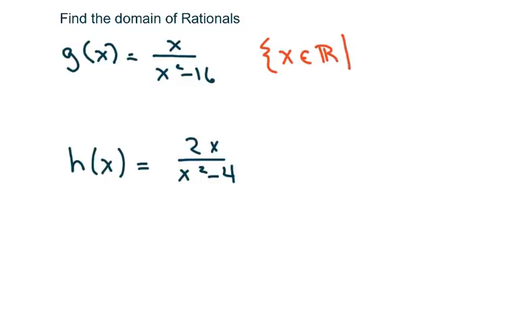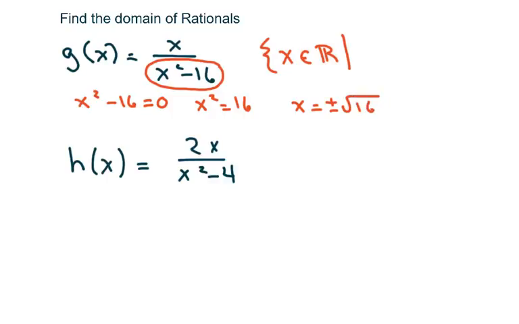However, are there any numbers that you can plug into this x here that would make this 0? So we're going to set this to 0. And you get x squared equals 16. And when you square root both sides, you get x equals plus or minus square root of 16, which equals plus or minus 4.